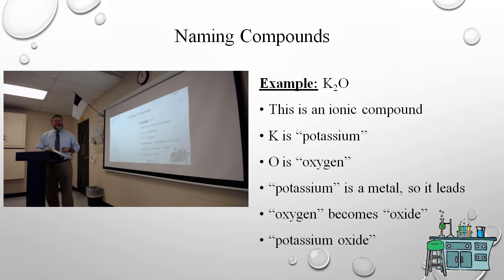So potassium oxide. Again, it's simple because I'm going to say right now that potassium and oxygen only combine as K2O. They don't make K2O2. They don't make K3O. When you bring them together, they only form K2O. So I don't need a lot of the information.